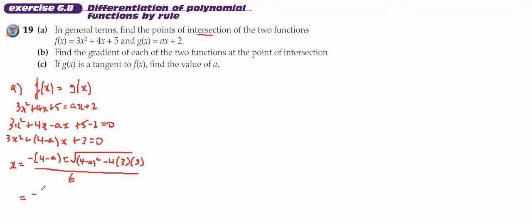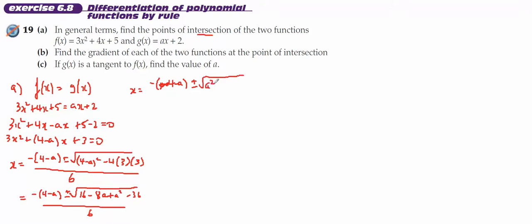And that gives me minus (4 minus a) plus or minus the square root of 16 minus 8a plus a squared minus 36, all over 6. Therefore x equals minus (4 minus a) plus or minus the square root of a squared minus 8a minus 20, all over 6.